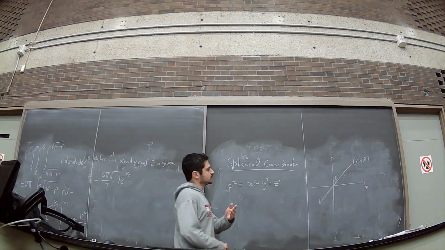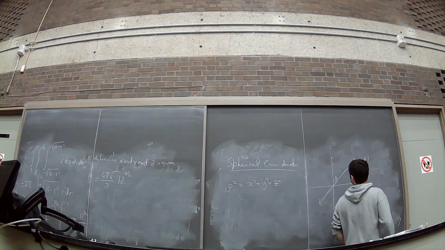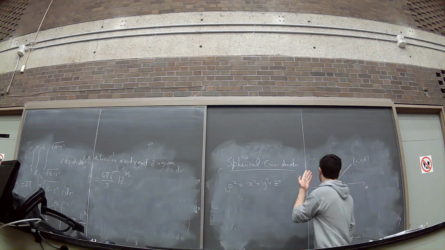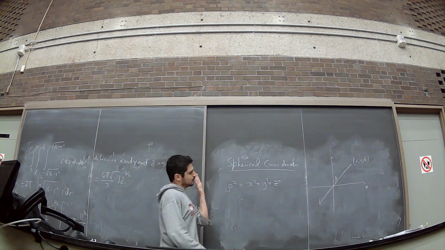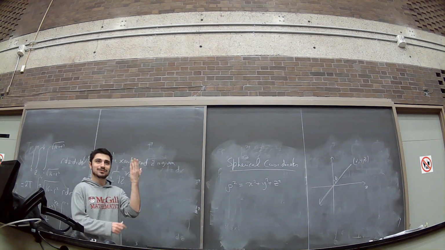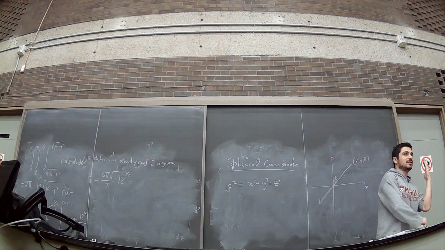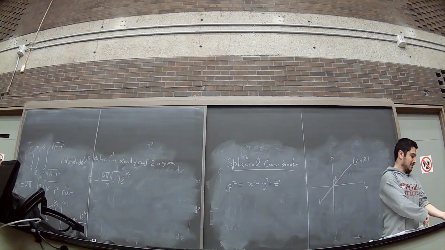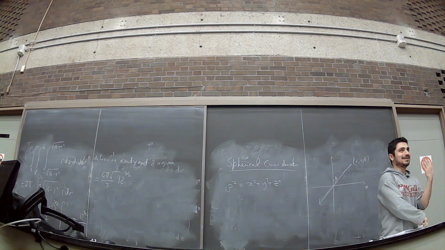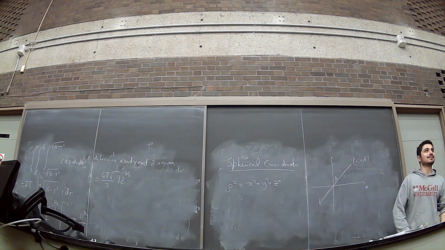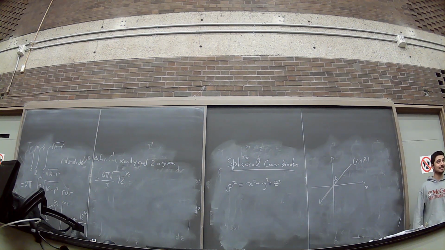So this angle here is really... you see this? You guys see this? Yes or no? So you have a point here, right? And then you have an angle. Would you project it onto the xy plane first? Yeah.